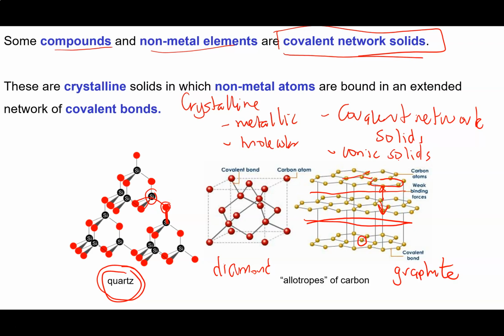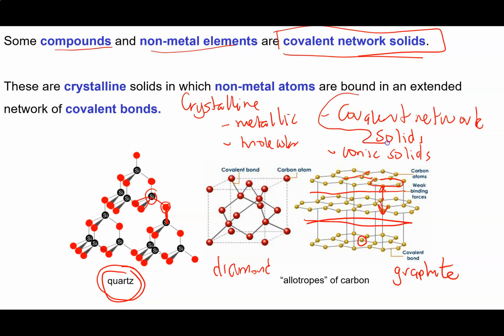So you should be able to classify a crystalline material as falling into one of these four categories. It's not too difficult. The repeating particle in a metallic crystalline material is going to be a metal atom. The repeating particle in an ionic crystalline material will be alternating positive and negative ions. For a molecular crystalline material, the repeating particle will be a molecule at different positions building up the crystal lattice. For a covalent network solid, it's going to be non-metal atoms bound in a network of covalent bonds. It's a little more difficult to recognize this.